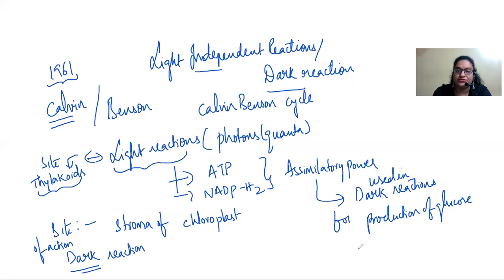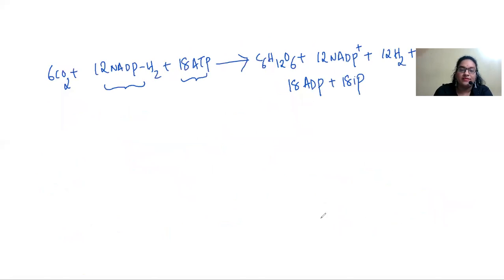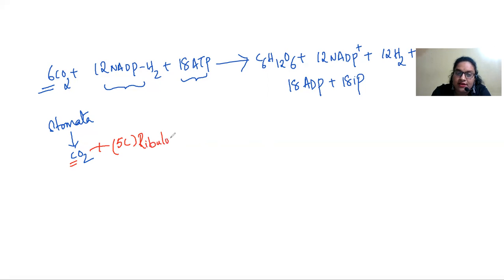Okay, so we are going to start the procedure now. I told you that carbon dioxide is going to enter through the stomata. It takes up the carbon dioxide, and the carbon which is present here is going to be fixed with a five carbon atom compound already present, which is a sugar called ribulose bisphosphate.